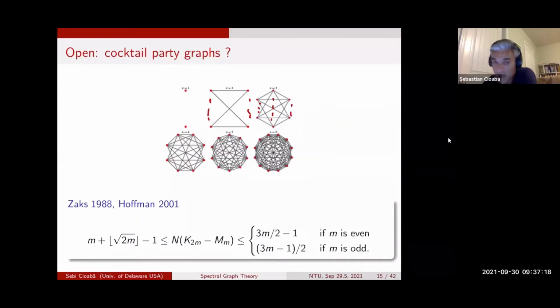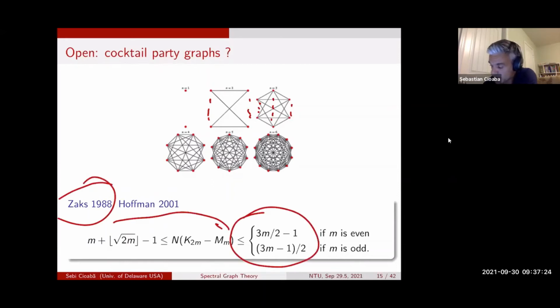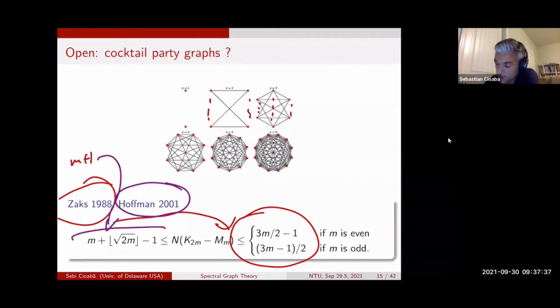And to address this graph, Zaks proved the upper bound here, and proved also a lower bound of m plus 1. And later on, Alan Hoffman in 2001 improved the upper bound from m plus 1 to m plus square root of 2m. But it's a big gap between these two things.